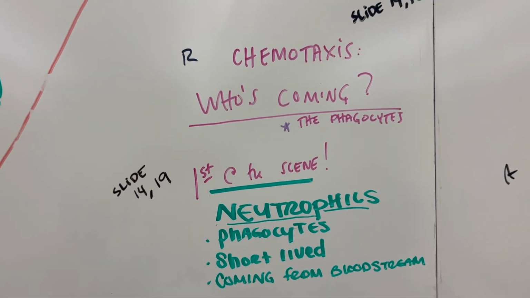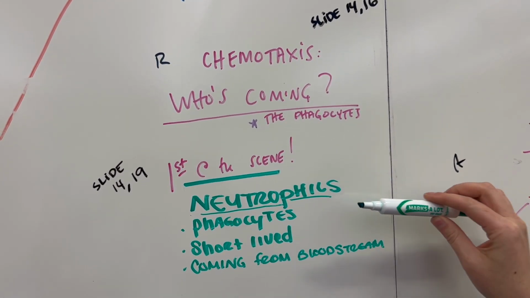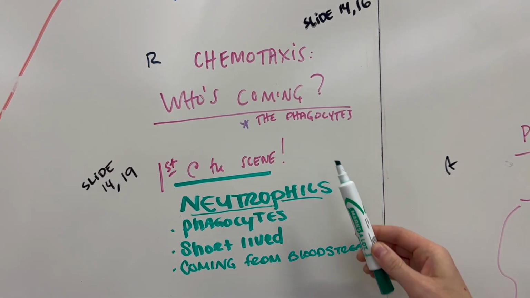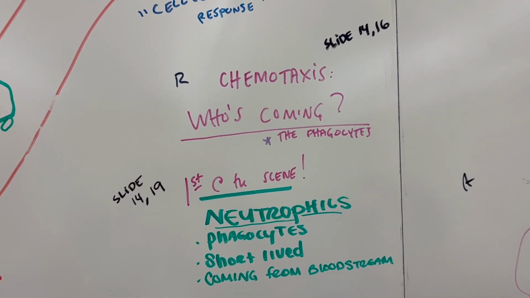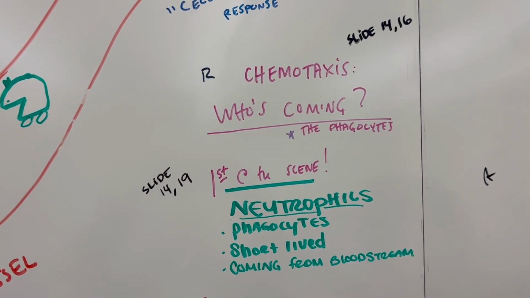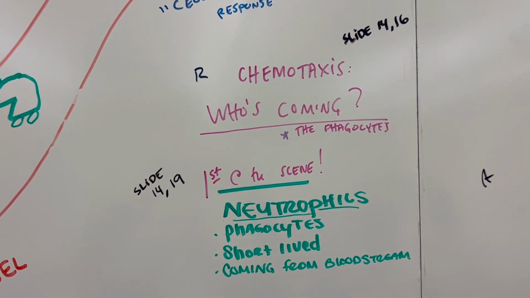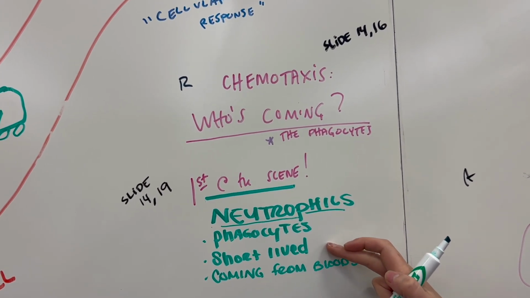In the cellular response, we have the phagocytes that are coming. We have the neutrophils. They're the first to arrive on the scene, almost like EMS. They are phagocytes, so they'll eat pathogens, destroyed parts of cells, and any cellular debris around there. They are pretty short-lived.